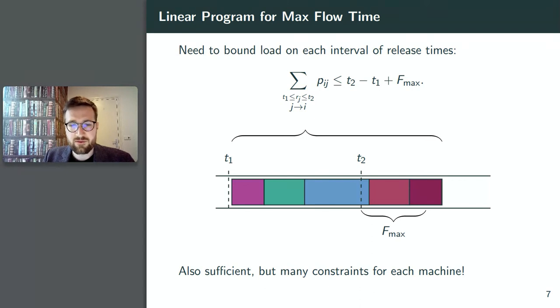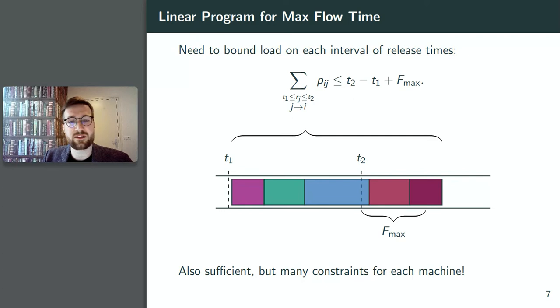So if you look at some interval, for example, between time t1 and t2 on some machine, and you look at all jobs that are assigned to this machine and released inside this interval, then it's not hard to see that the sum of these processing times, so the total volume of these jobs, must be at most the length of the interval plus Fmax.